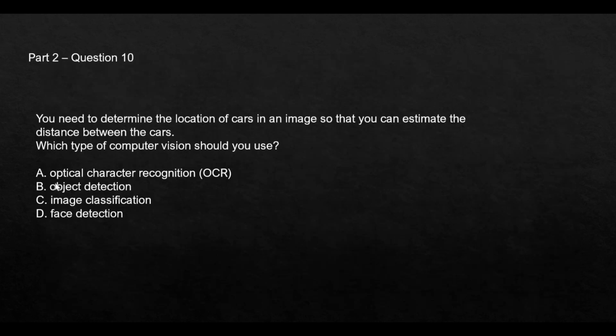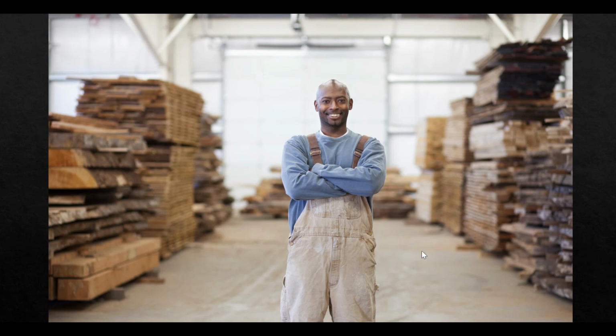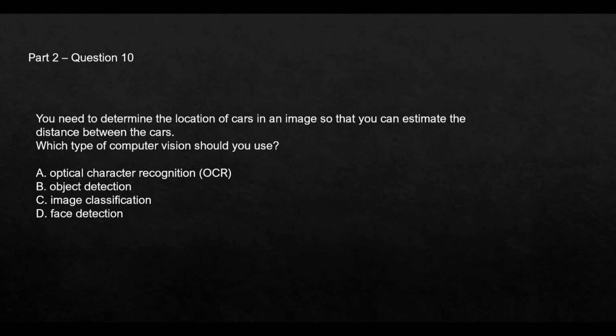Now face detection is for when you have an image with people in it and you want your computer to identify if there are people in the image. It will do a face recognition, and that is its purpose. That will not help you with this problem statement. So this is our final answer.